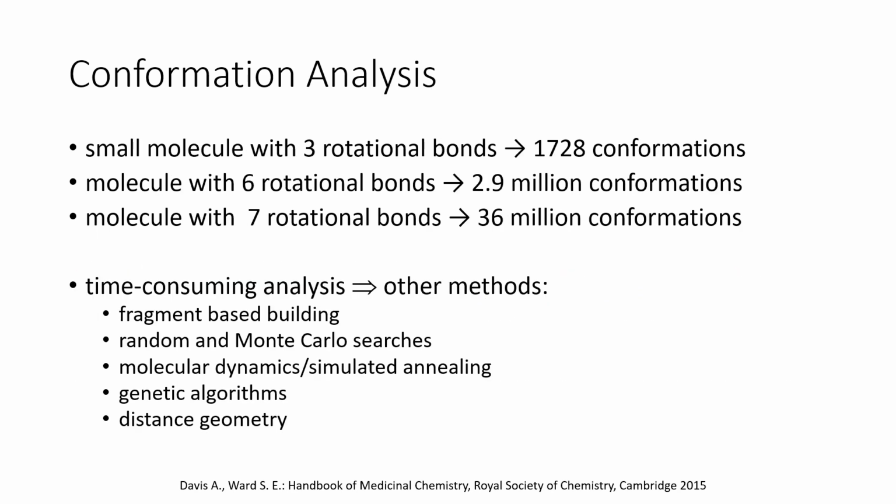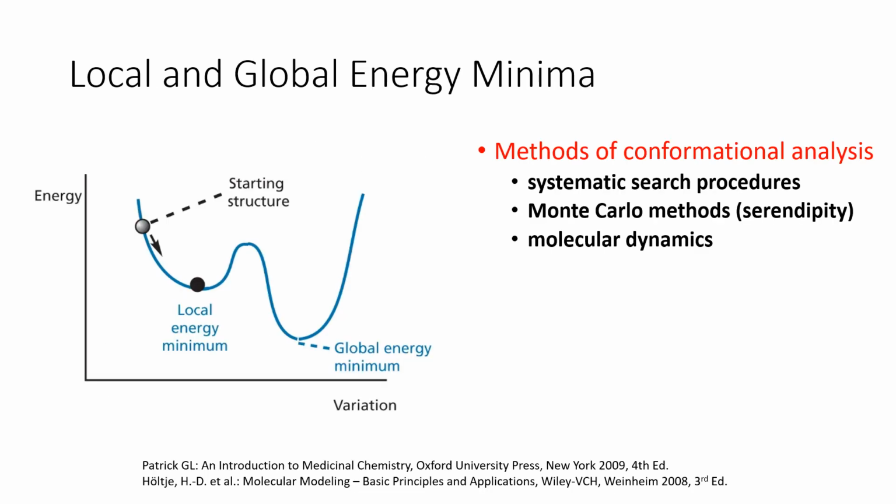As you can see, with the number of rotatable bonds, the conformations grow exponentially. There are different algorithms employed in conformation analysis, and you can see that we want to find the global energy minimum, not only the local energy minimum.